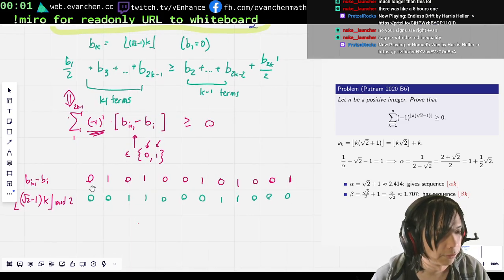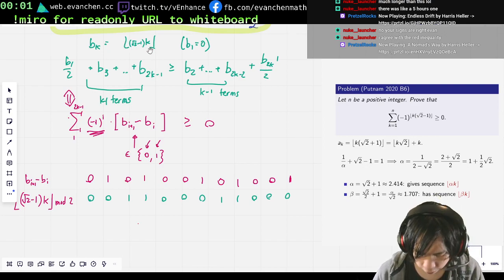Yeah, so the red thing now turns out to be the same as the green sequence, I think, where it's 1 at the places where the green sequence changes. So when this changes mod 2 is exactly when this thing does, that should be pretty clear.